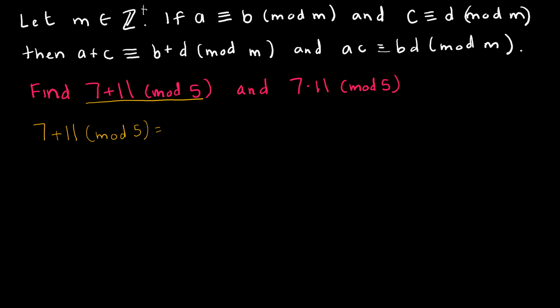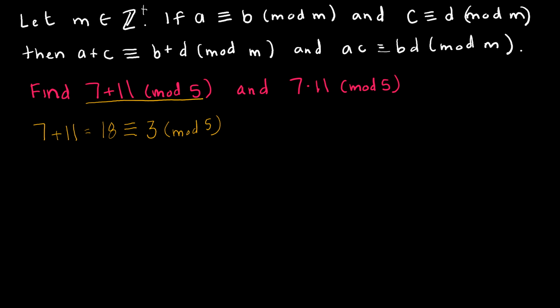I'm going to take 7 plus 11 to get 18, and then say 18 is congruent to, so it's not equal to, but it's congruent to, and then I think about if I took 5 into 18, what's my remainder? The remainder would be 3, because it goes into 15 evenly with 3 left over, so 3 mod 5. So again, notice I switched from equals to congruent to.